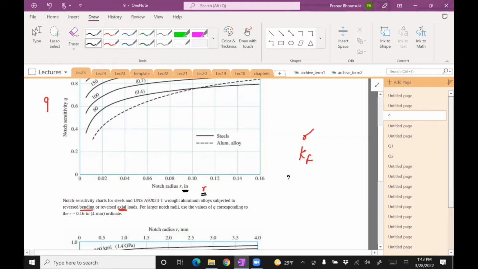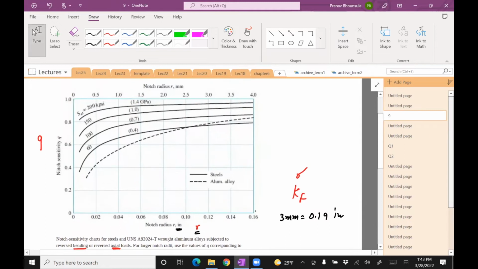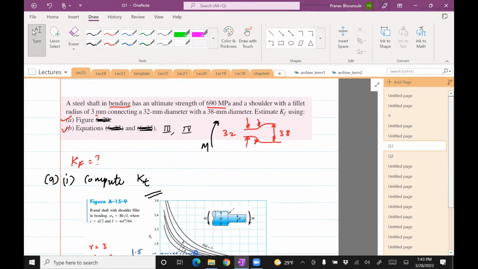So 3 mm is 0.19 inch. Oh, it's off the chart. And we also need SUT. I think our SUT is given as 690.